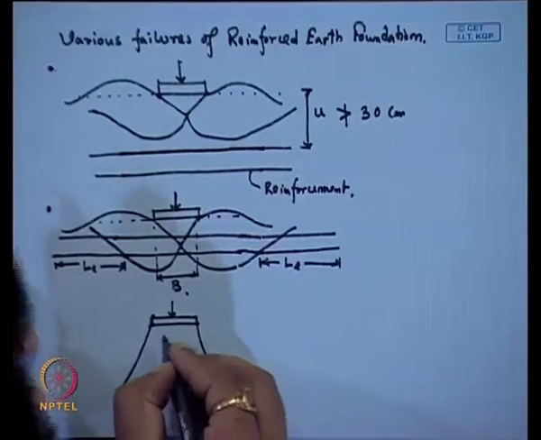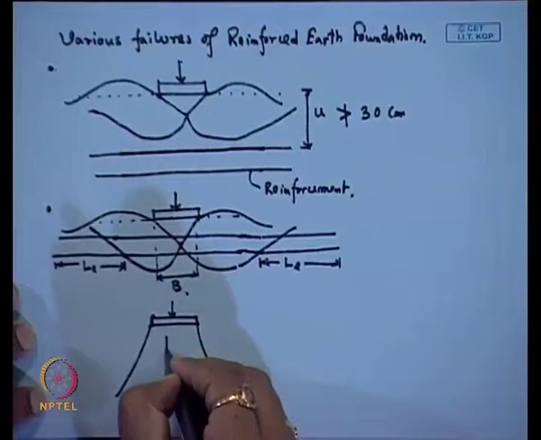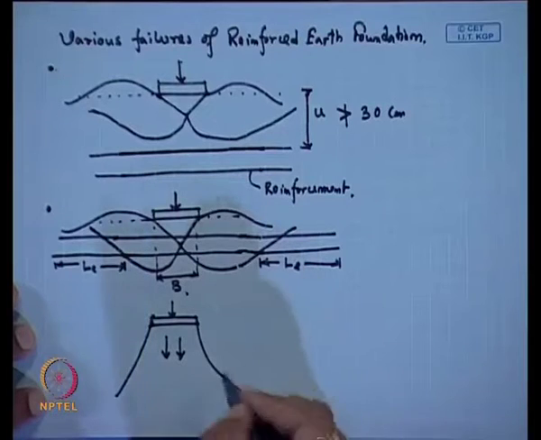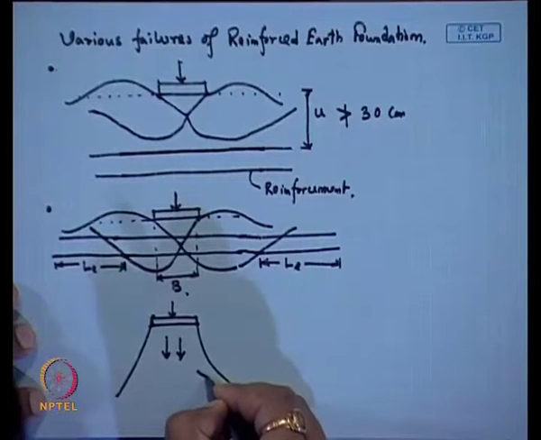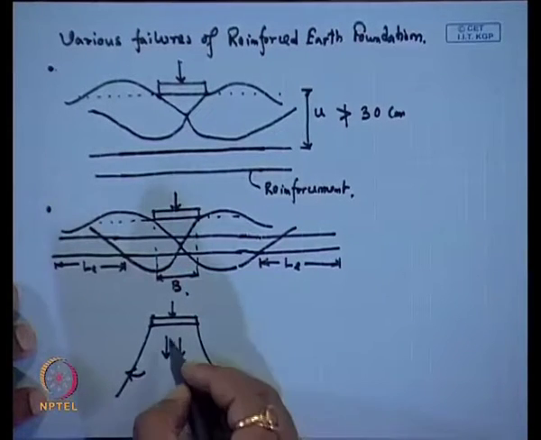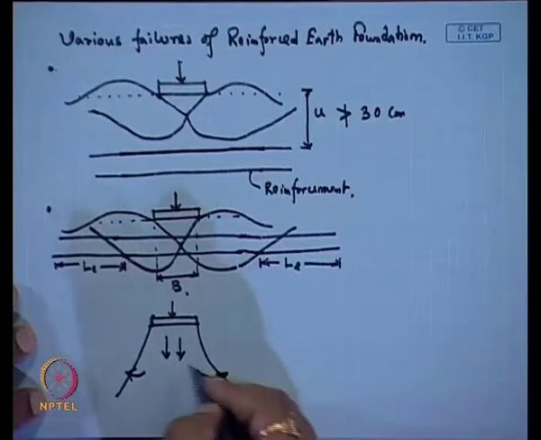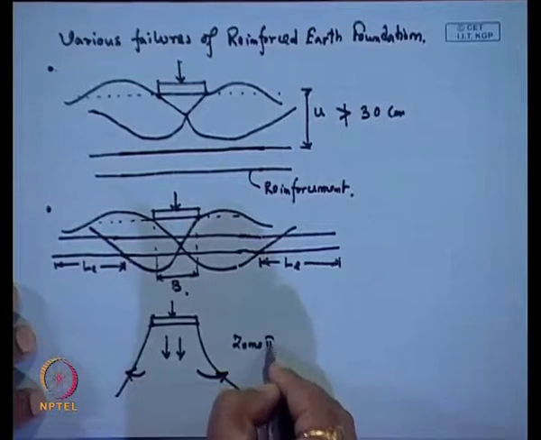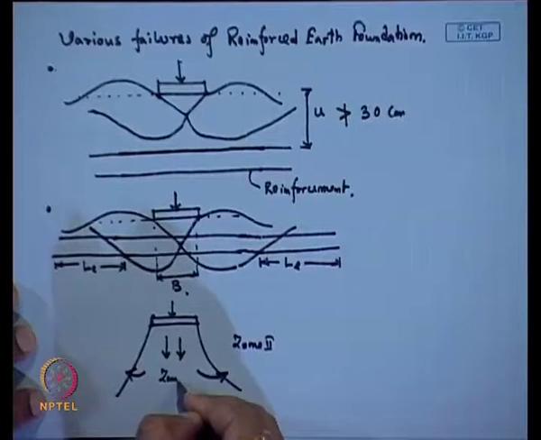This inside zone, the soil will try to move in the downward direction, and in this outer zone, the soil will try to move in this direction. So, this soil is basically moving downwards, and this is zone 2 and this is zone 1.